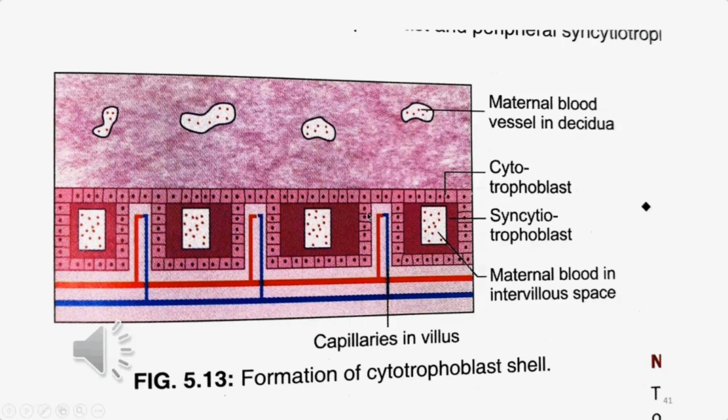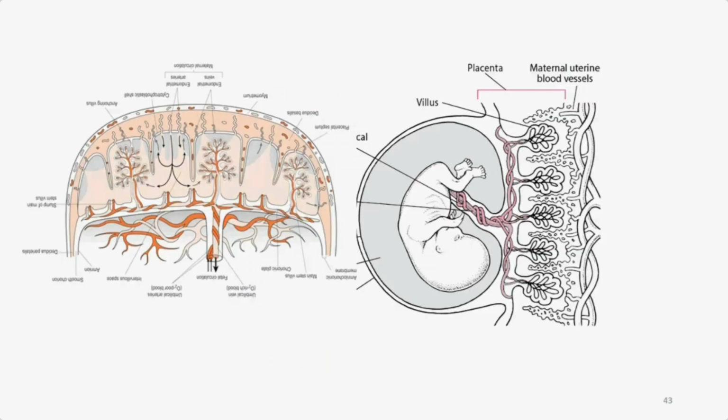So it attaches. There is a layer of the cytotrophoblast between the decidua and the villi. From outside to inside, it is trabecula, cytotrophoblast, and extraembryonic mesoderm with blood vessels. So that's how the placenta is formed.